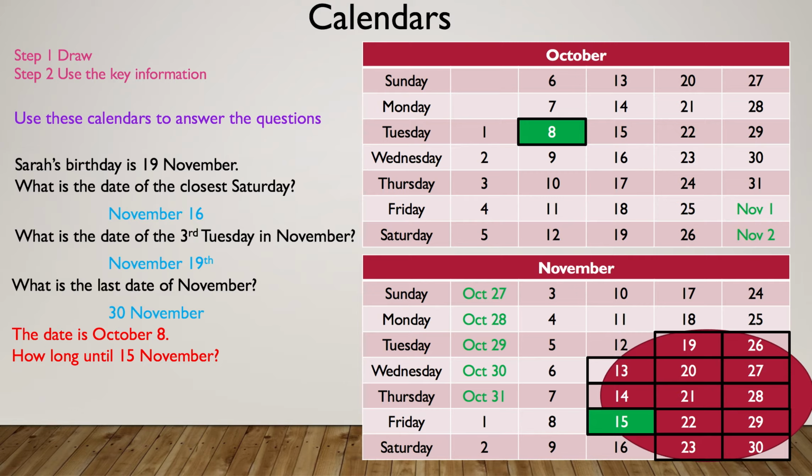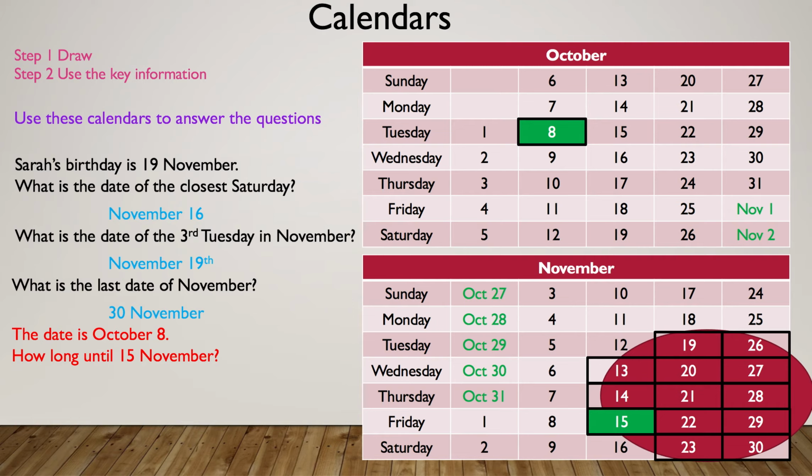Now if we count down, as you can see, 8, 9, 10, that is counting down by the days. Or we can count to the right, which is counting by weeks because it goes by 7. 8 plus 7 is 15, plus 7 is 22. So you can go down, which would take a little bit longer, or go to the right and count by the weeks.